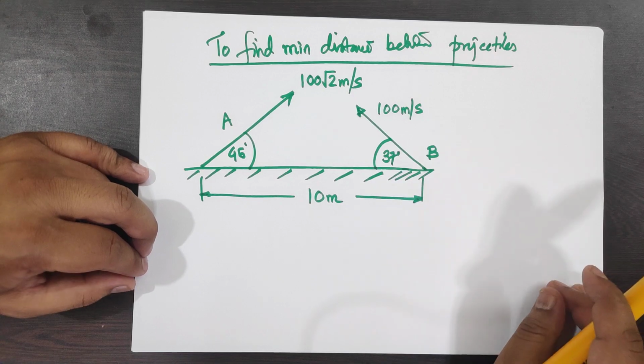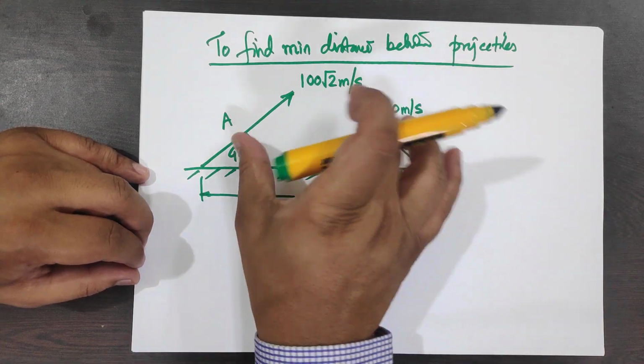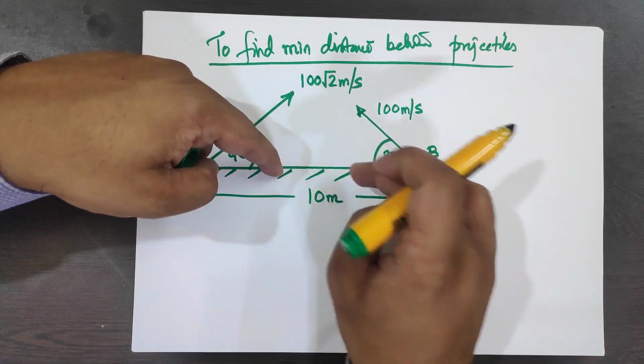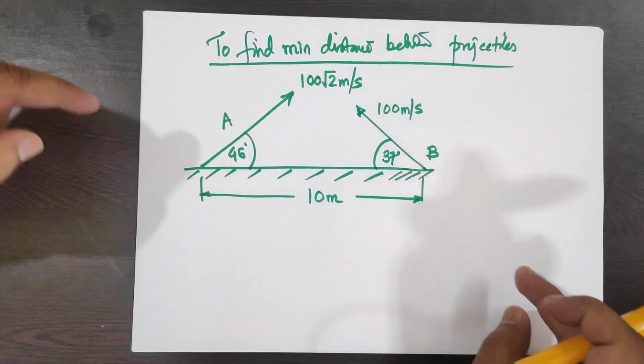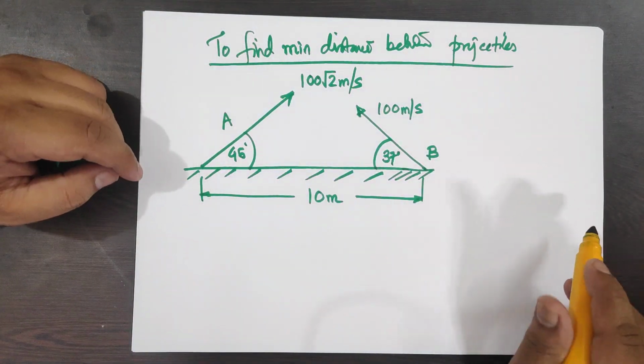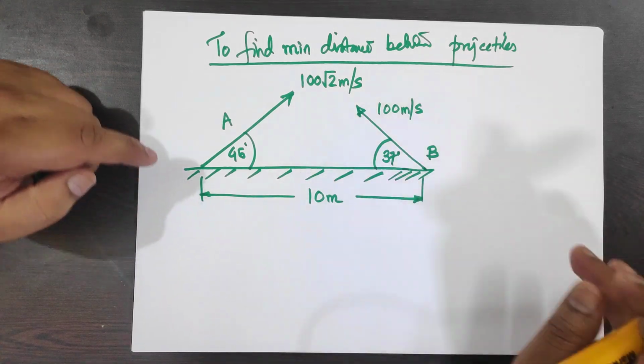It's kept very less because they won't drop on ground, right? So they'll fly apart in air. That is why this is kept less.